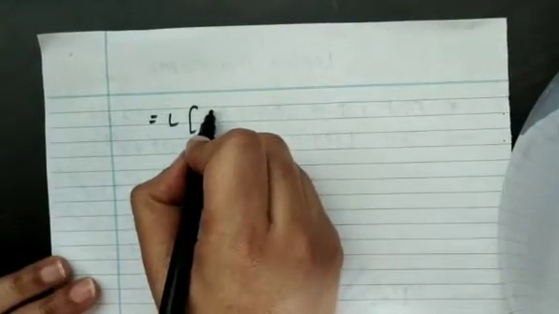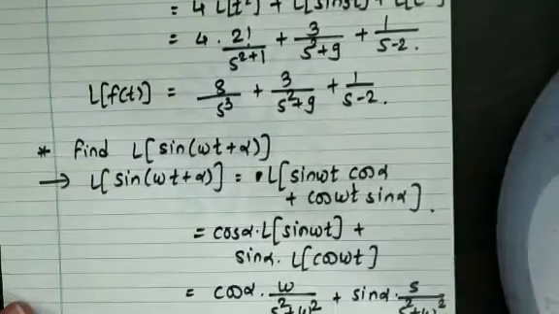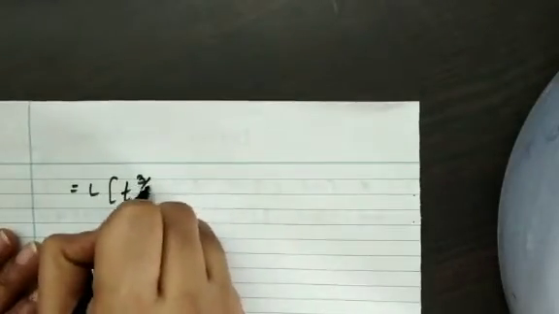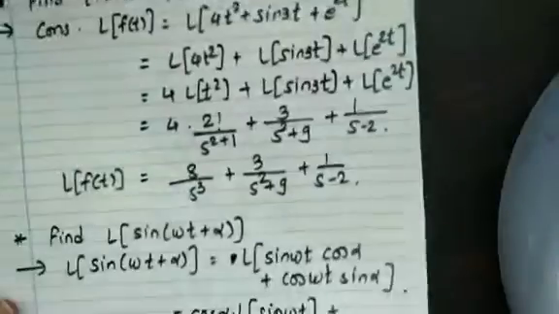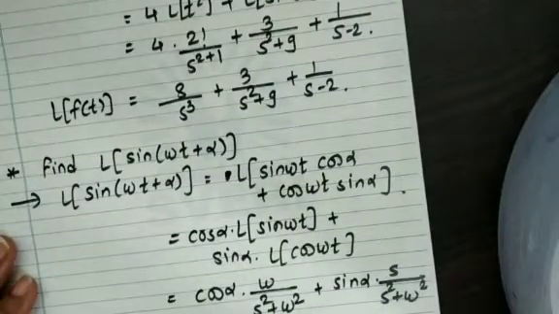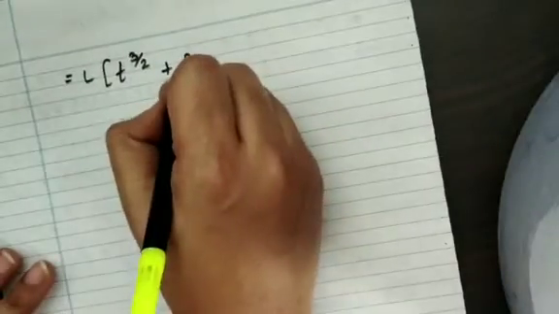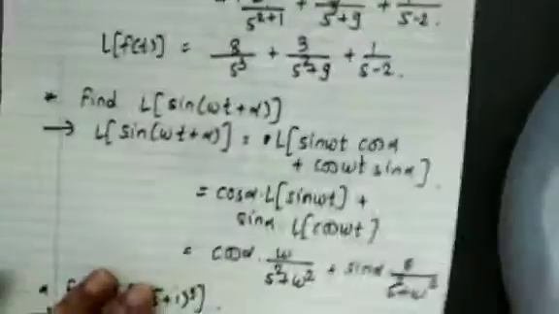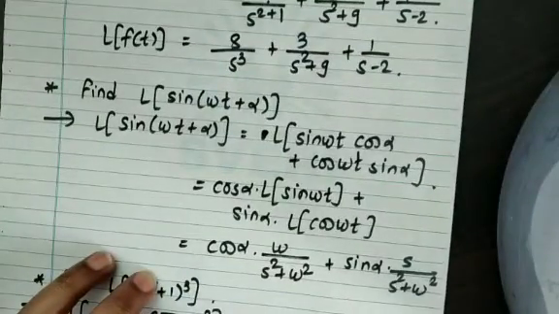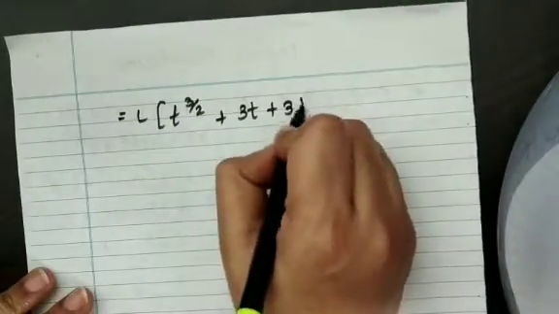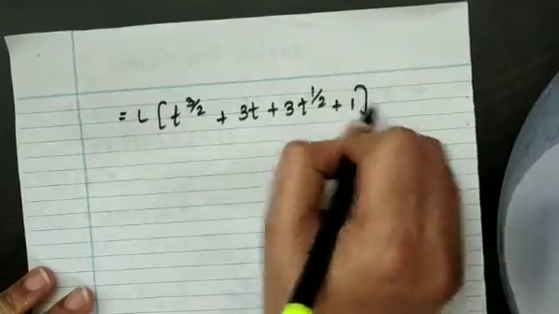Laplace of t raised to half power 3, that is t raised to 3 by 2, plus 3 into root t square, that is t, 3t, plus 3 into root t, which is nothing but t raised to half, so 3t raised to half, plus 1.